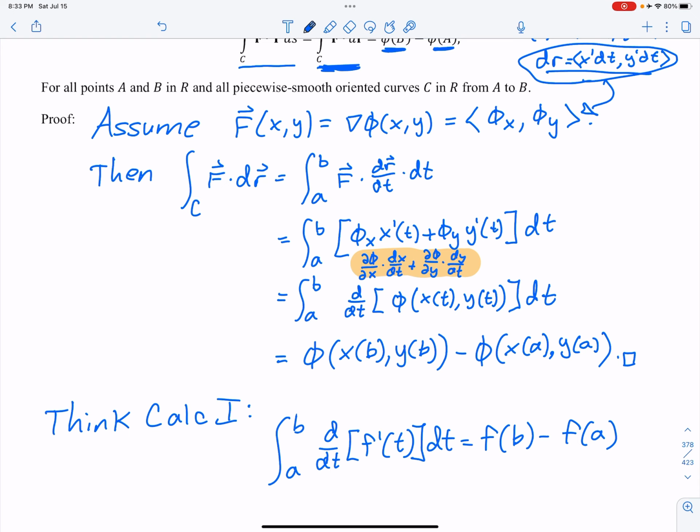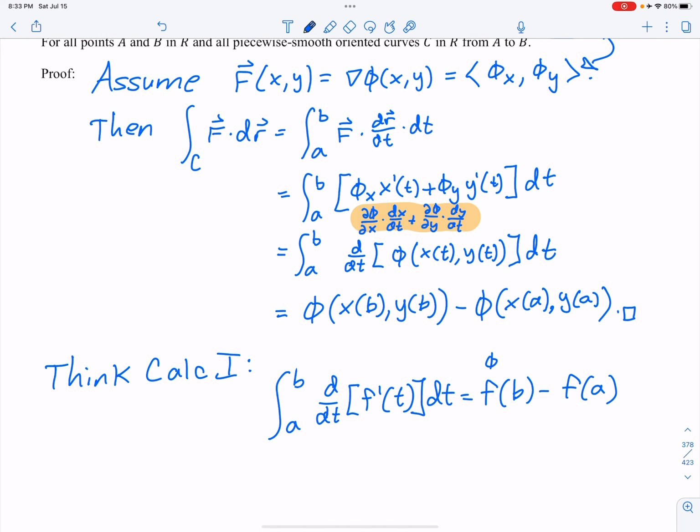So in this sense, this would be like our phi here, and then this would be our gradient of phi.